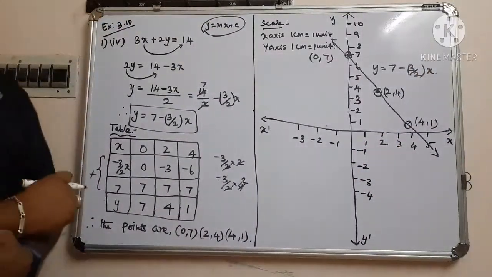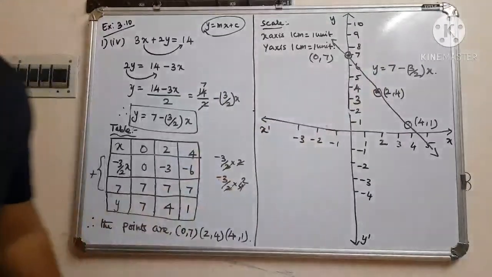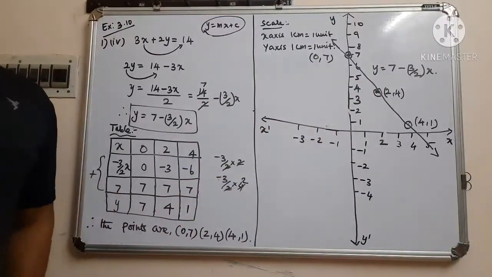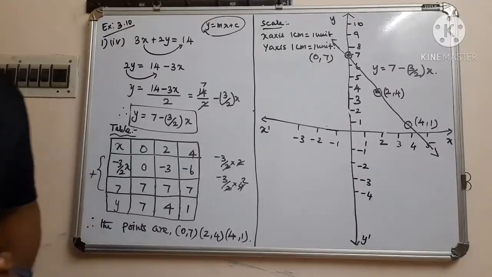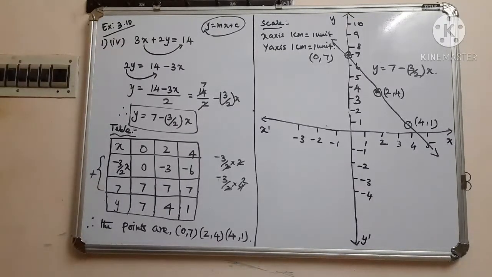Clear? That should be written. Understood? This graph is very, very important. Single line graph. Next class, you will see 2 line graphs. Okay. So thank you, dear students.